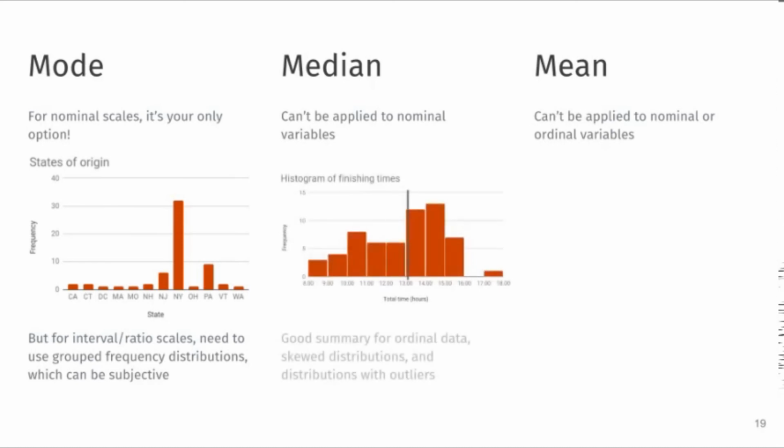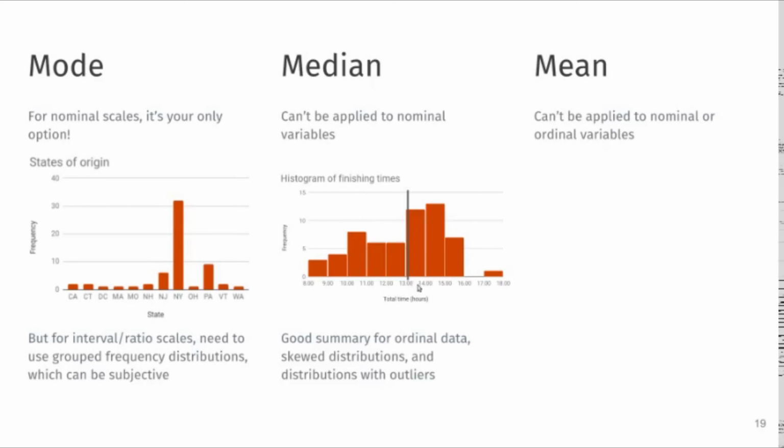Instead, we might think of, well, okay, maybe let's have the median. The median is something that, of course, can be applied to interval and ratio scale data as well as ordinal data. And indeed, for ordinal data, as I've tried to emphasize, you really shouldn't compute means for ordinal scale data.